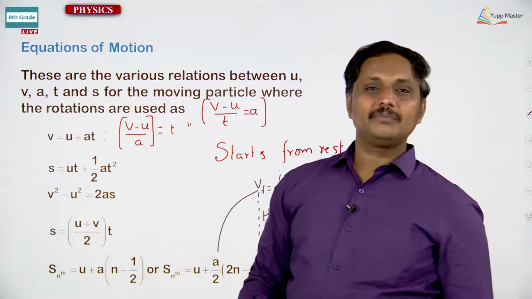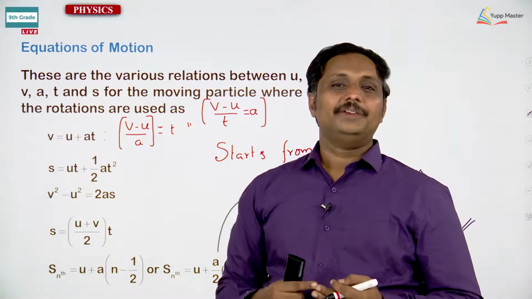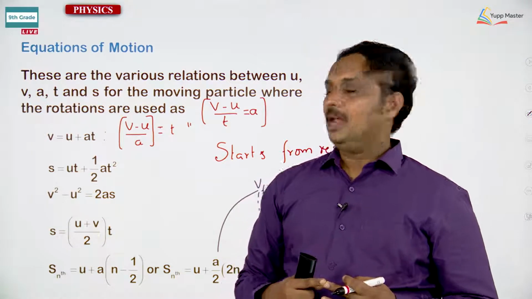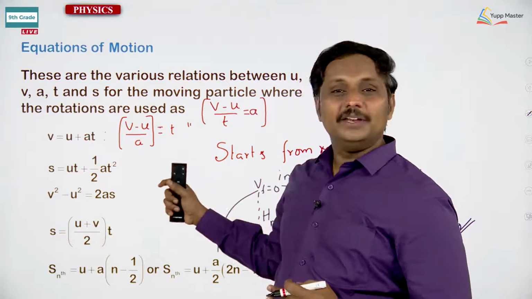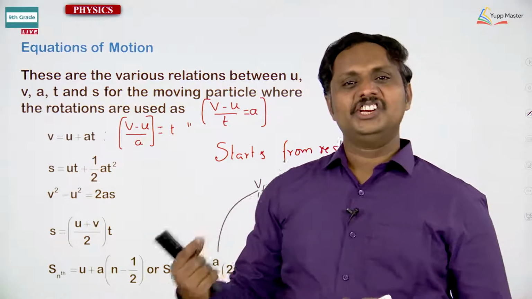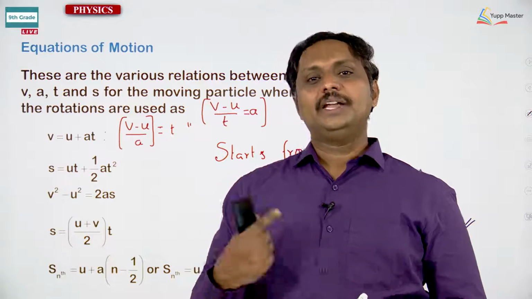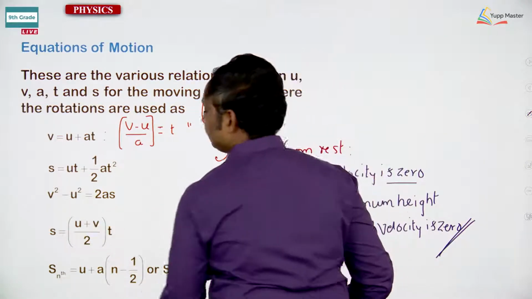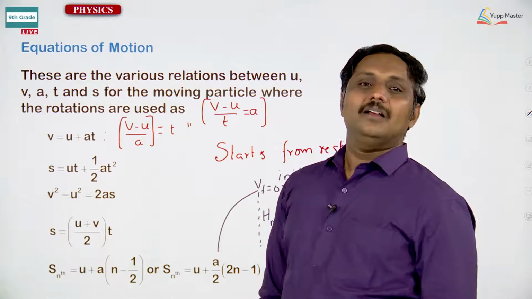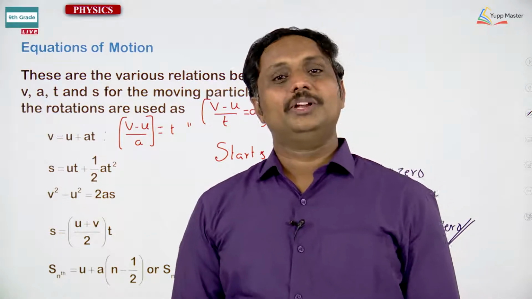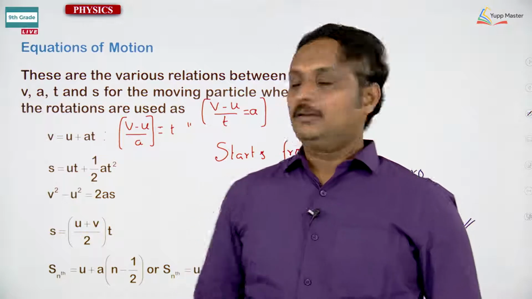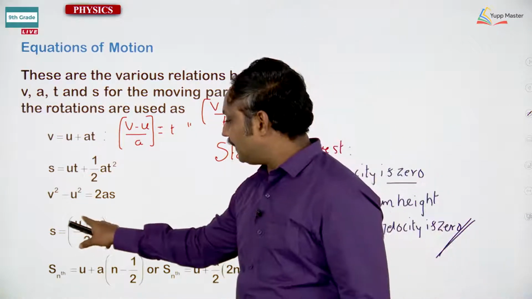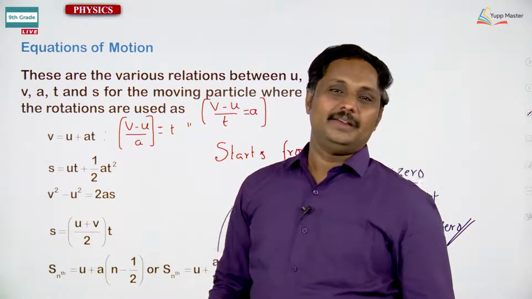At the same time, if you want to get the average speed, with initial and final velocity, the average velocity is identified with this formula. The average distance travelled by the body is identified with (u plus v) by 2 into t at different intervals.